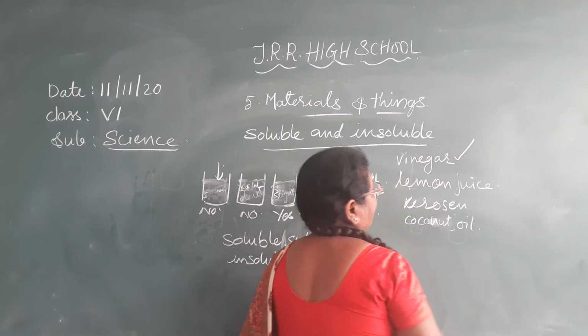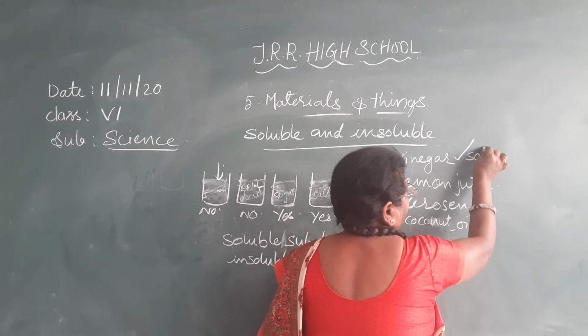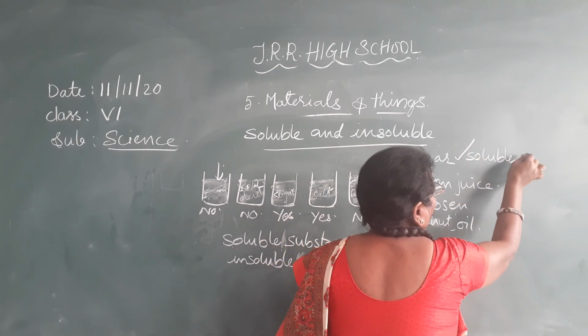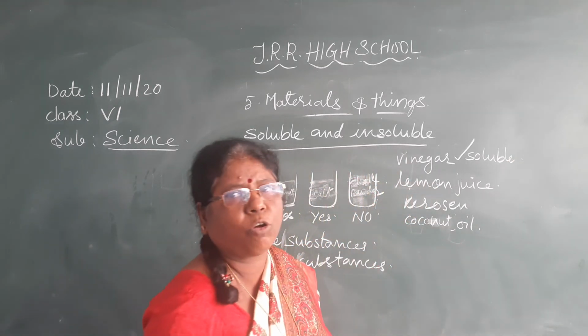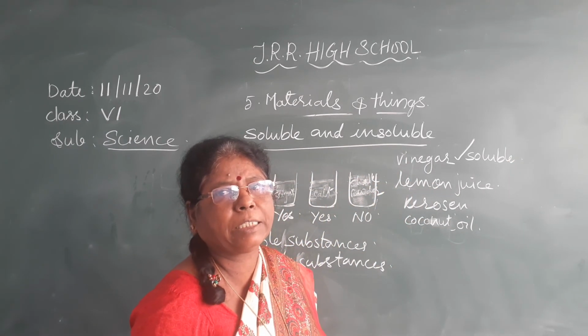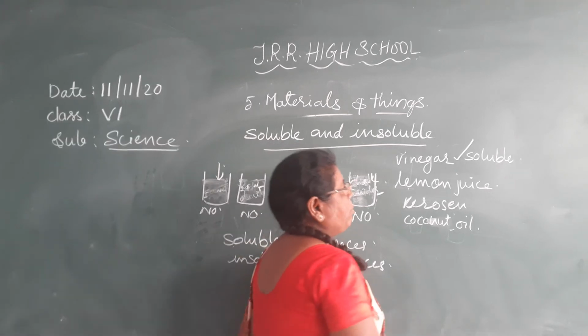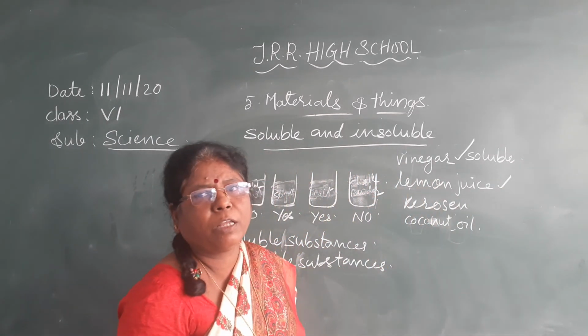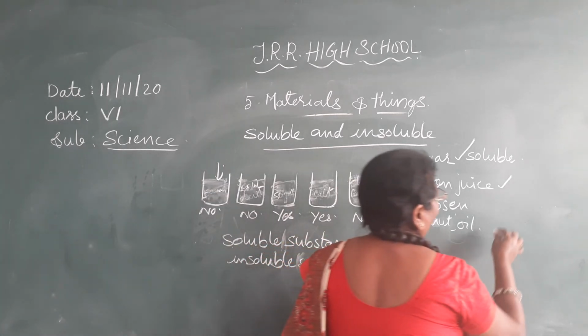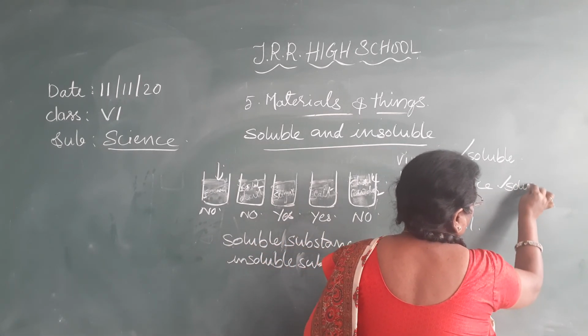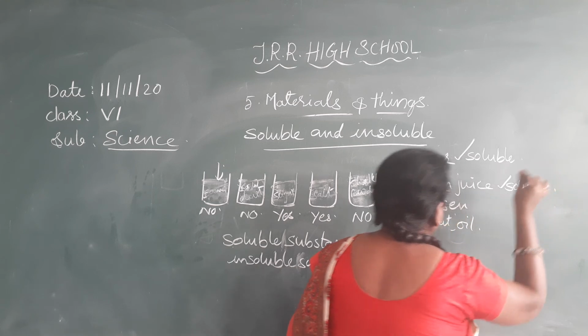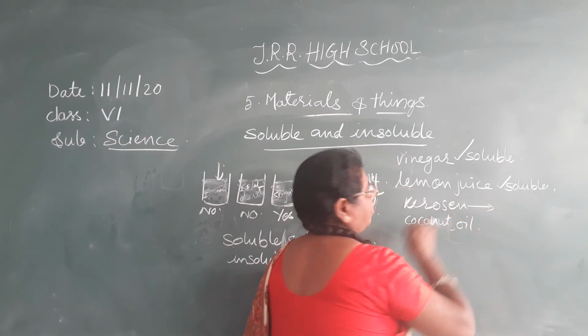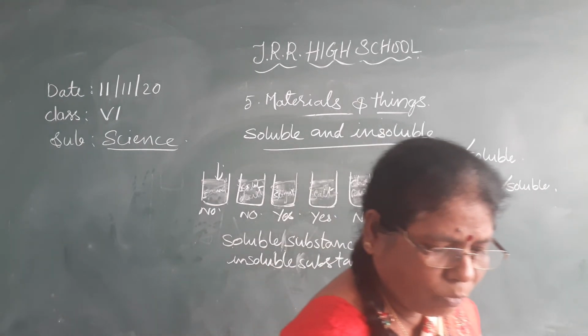Vinegar is soluble in the water. That's why we use it in cooking also. It is one of the ingredients in cooking. Lemon juice also mixes with the water. It is also soluble in water. Kerosene. Is kerosene soluble in water?